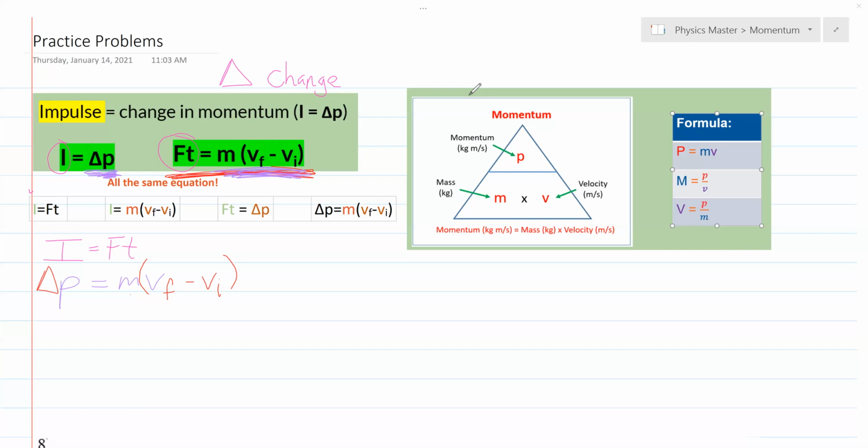I cannot stress to you guys enough how important it is to know your symbols and your units. If nothing else, half of the battle is knowing your units. I don't care if you see this huge number, let's say 25,000.